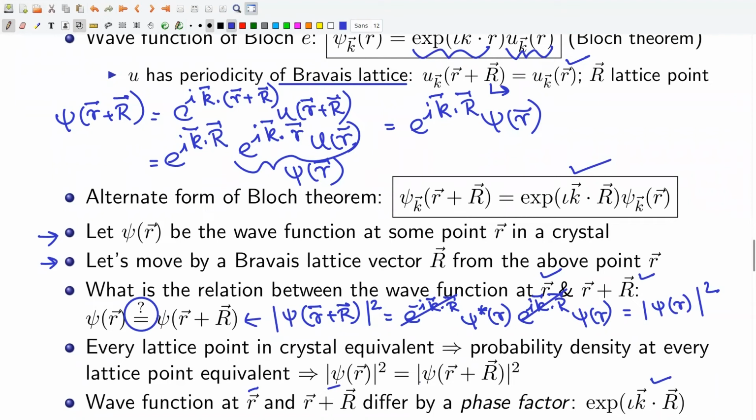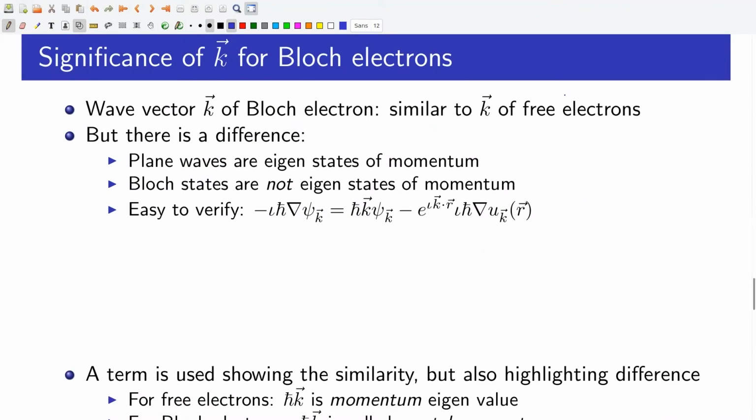Thus, we find that although the wave function does not have the periodicity of the Bravais lattice, the probability density has the periodicity of the Bravais lattice, because mod psi of r square is equal to mod psi of r plus R square.